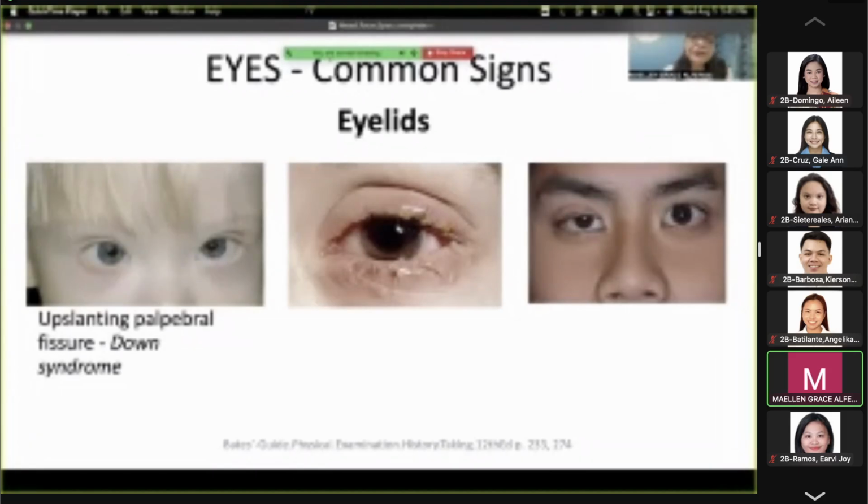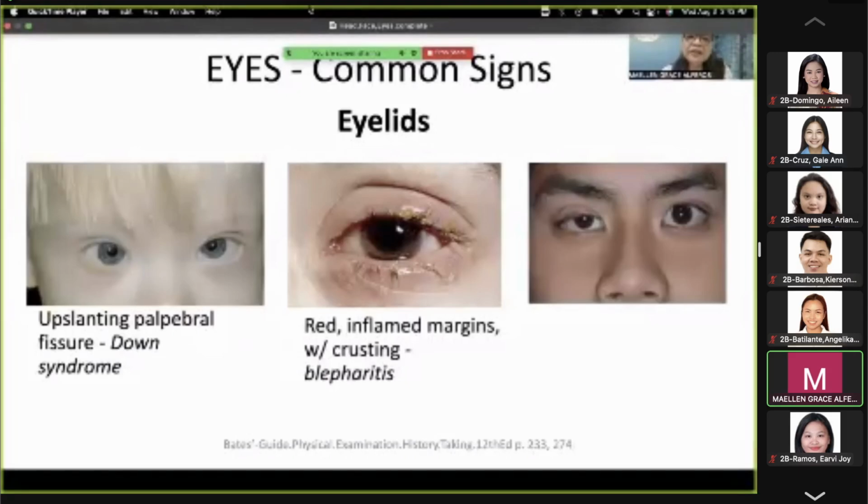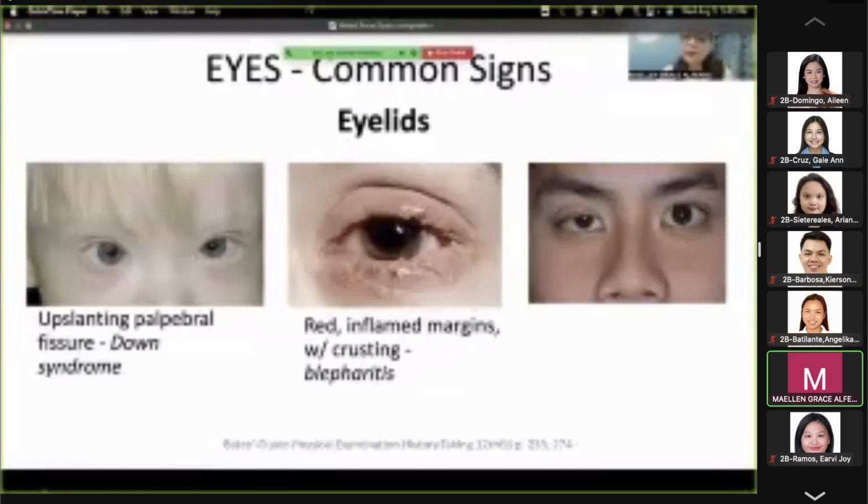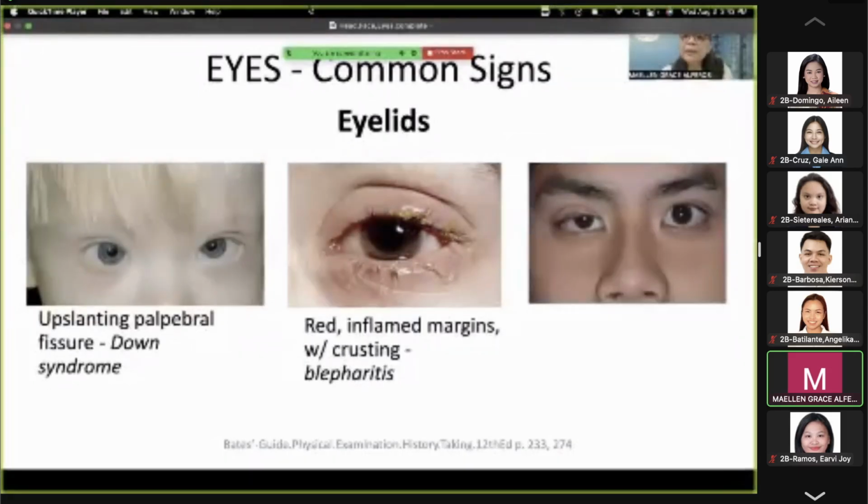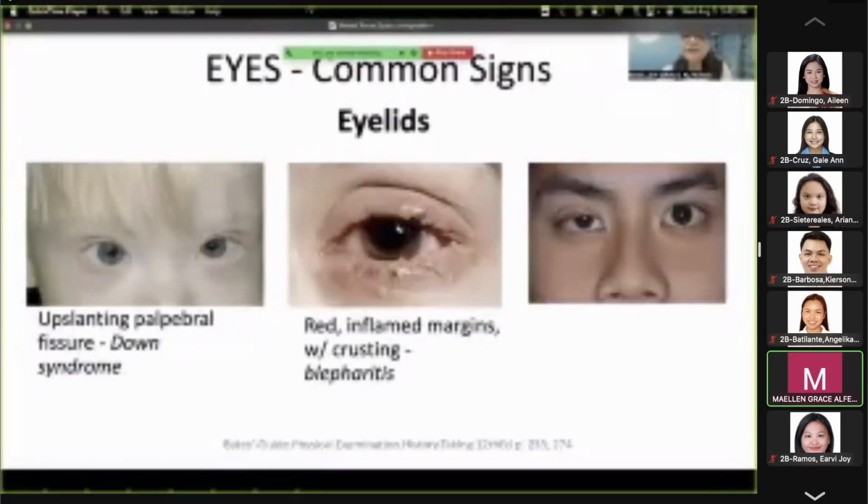Now, for the eyelids, you see redness with swelling and some crusting that is present, and you can see actually there's also some conjunctivitis. And this eyelid problem is called blepharitis, so inflammation of the eyelids.